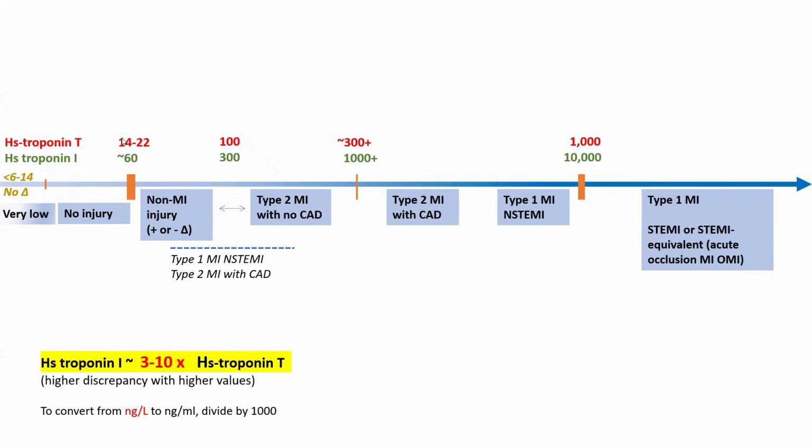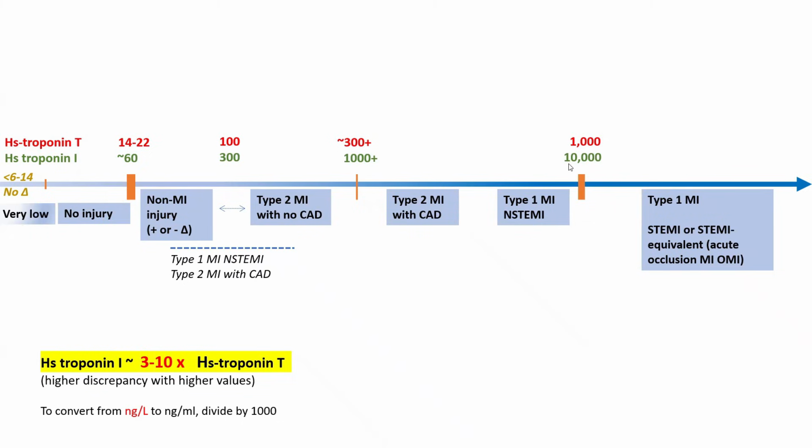And here are the cutoffs I use. For troponin T, the MI cutoff is 14 to 22: 14 in women, 22 in men. Between 14, 22 and 100, this is a zone where it's frequently a non-MI myocardial injury. Between 100 and 300 plus, it's a zone where it's frequently type 2 MI with no CAD.